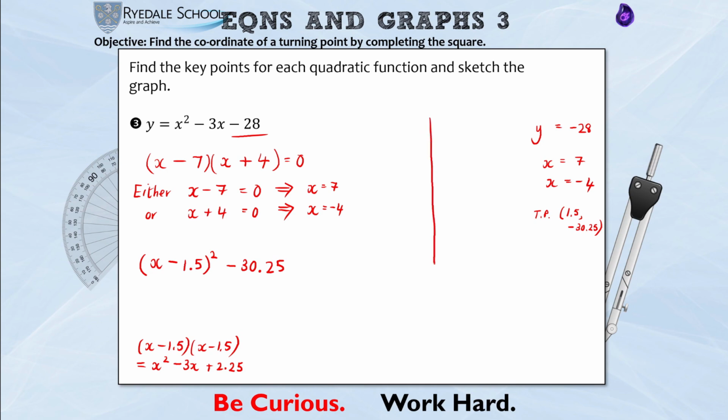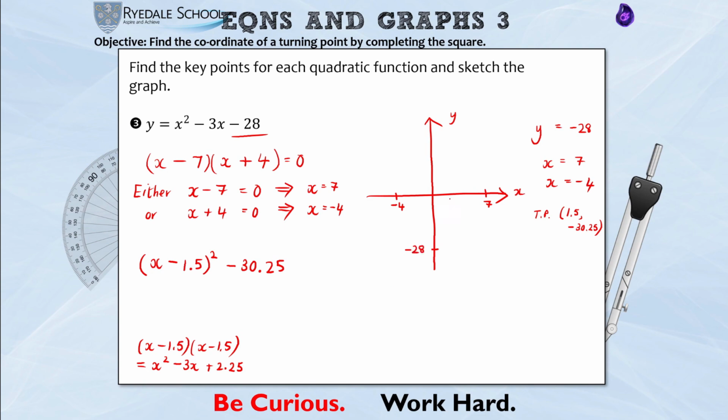So let's have a look at the sketch. Crossing the x-axis at 7. It's crossing the x-axis at -4. It's crossing the y-axis at -28.